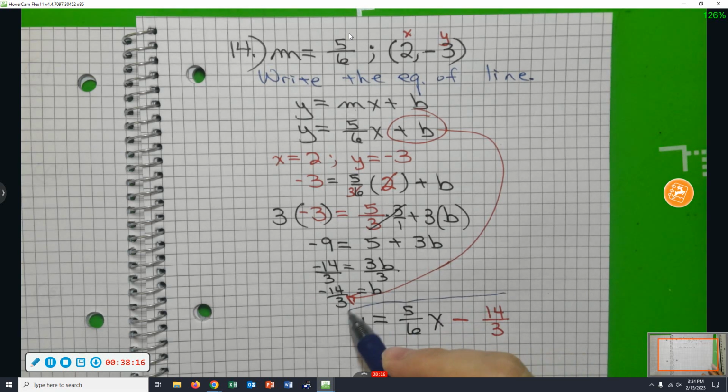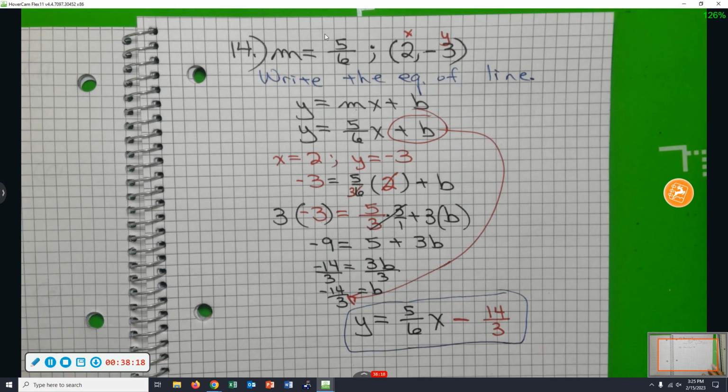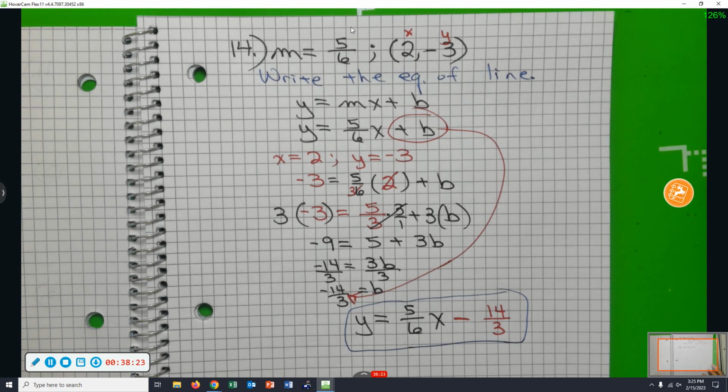So even though the slope was a fraction, it's not that difficult, but most students have a better shot at getting it right if they multiply through by that denominator and get rid of that fraction. You agree, Tim?